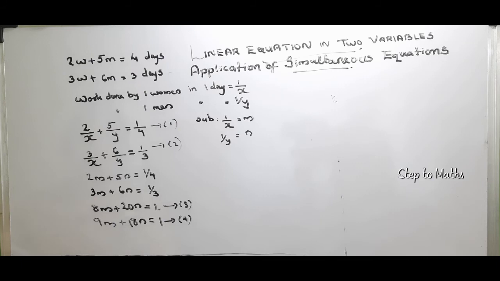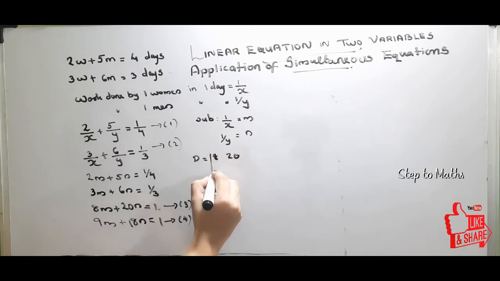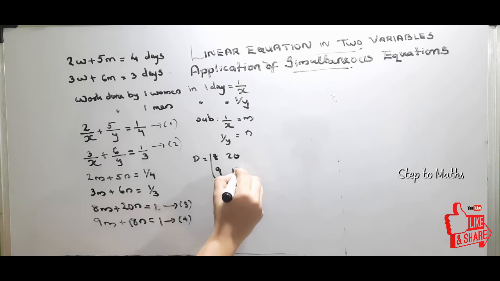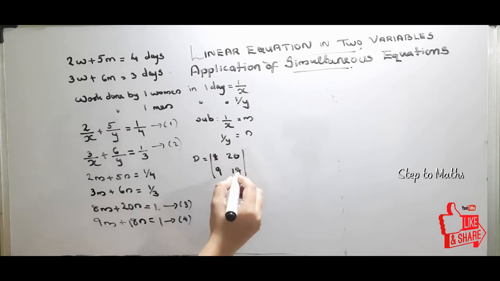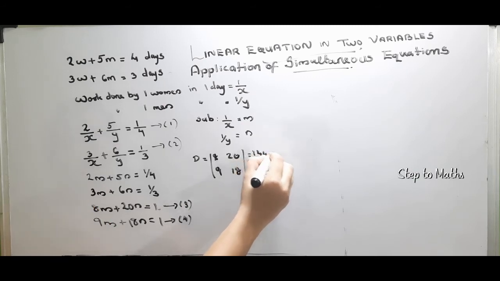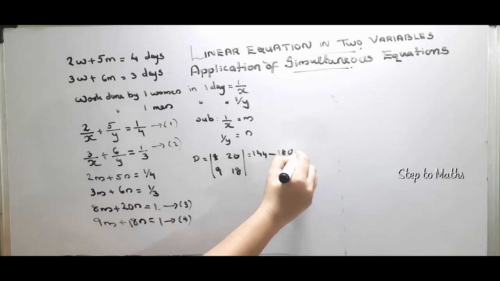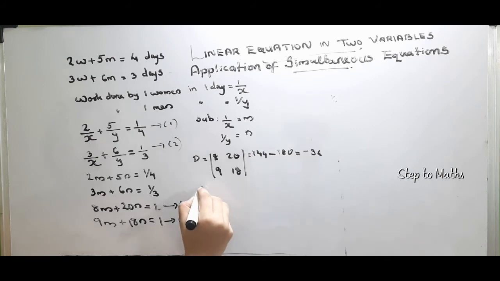If we follow the determinant method, then D is equal to the determinant of 8, 20, 9 and 18. 8 into 18, 144, minus 180, equal to minus 36.